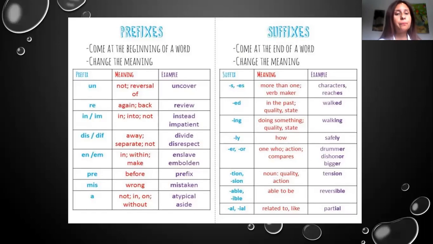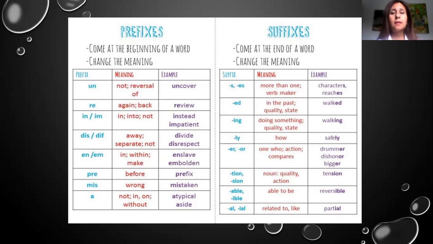E- or in-, and the meaning is in, into, or maybe not, as you can see, instead, and impatient, not having patience. This, or dis-, that would be a way for separated, divided, disrespect. And free means a, okay? You will see that all these prefixes or these morphemes, as you can see, are part of the word.